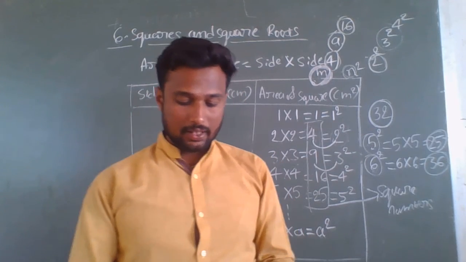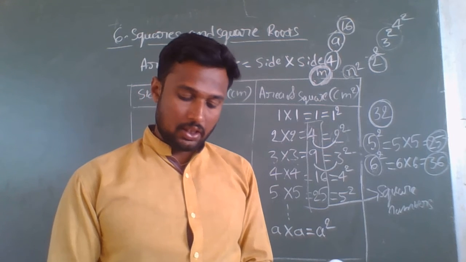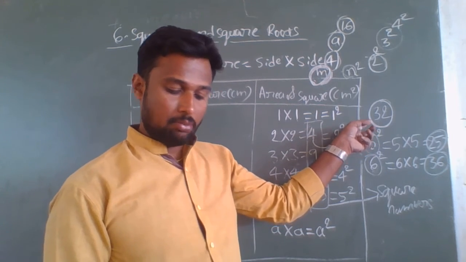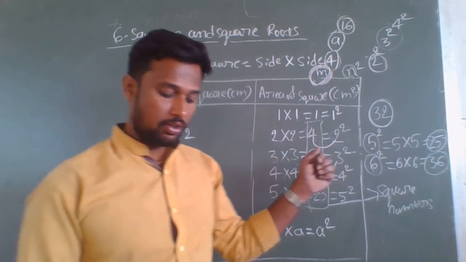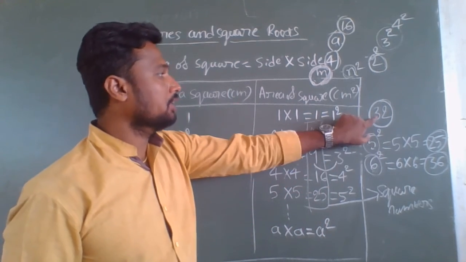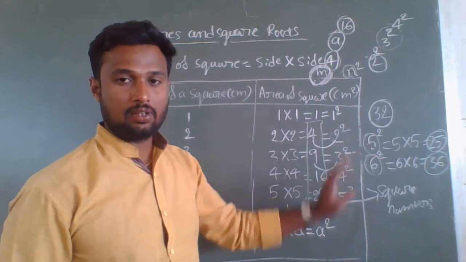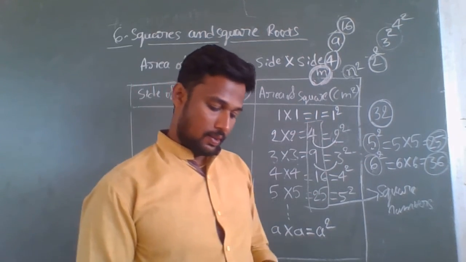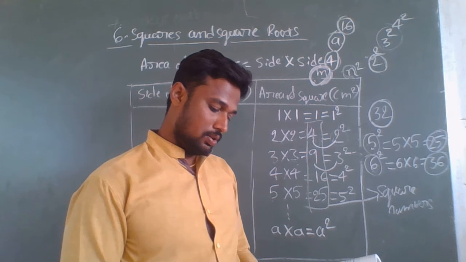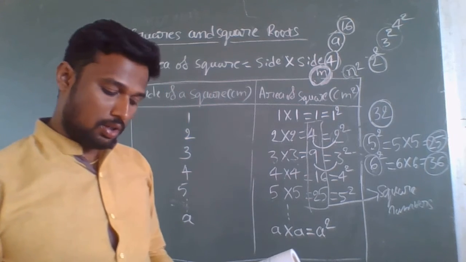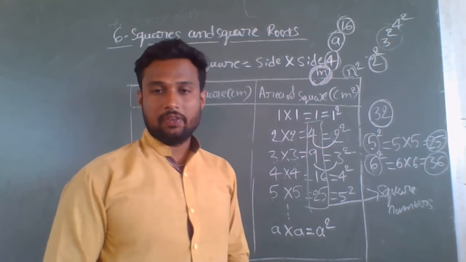Therefore, if 32 is a square number, it must be the square of a natural number, like 1, 2, 3, 4, 5, 6, 7, any number. It must be the square of a natural number between 5 and 6.